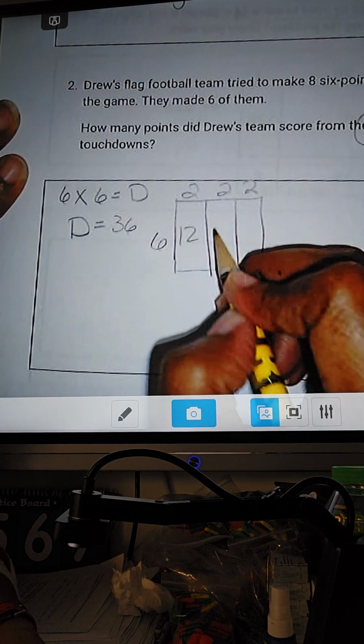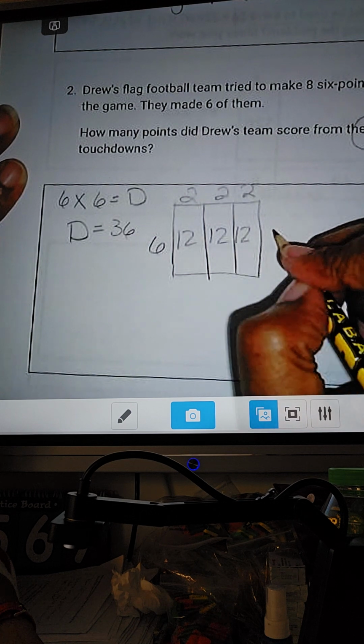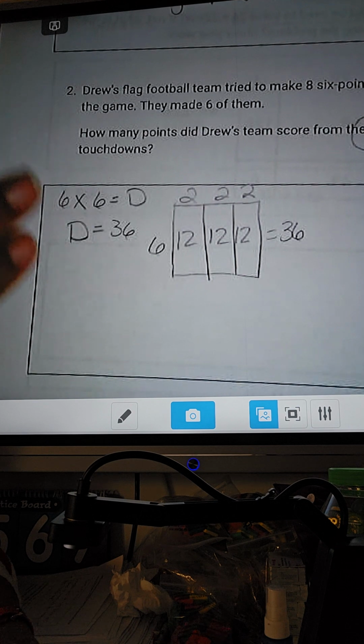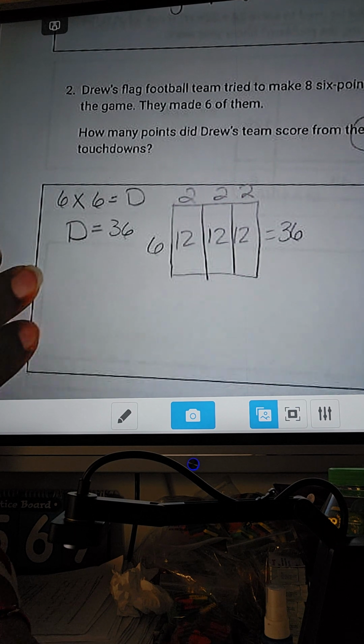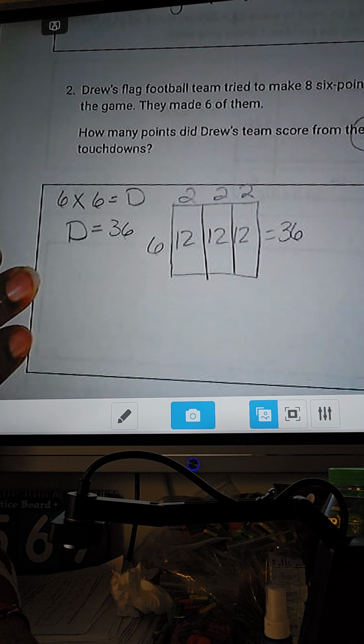That's 12, 12, 12, which is 12 times 3, which is 36. Because remember, on your test, you're going to have to show your work. So be careful. However many points they say, and however many, whatever it is, make sure you're multiplying. Okay?